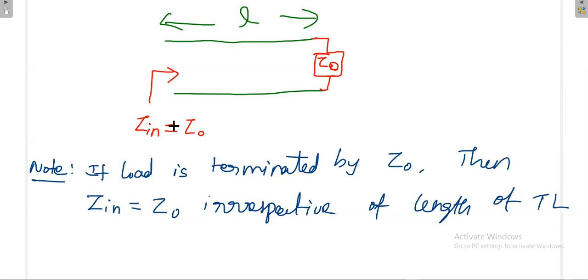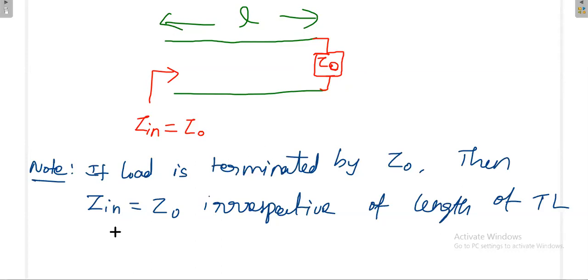Whenever you have an infinite line, you will not have any reflection. Here also, the input impedance is similar to the load impedance, but it is a finite line. Here also you will not have any reflection, because once the load is terminated by Z0, definitely you will not have any reflection.